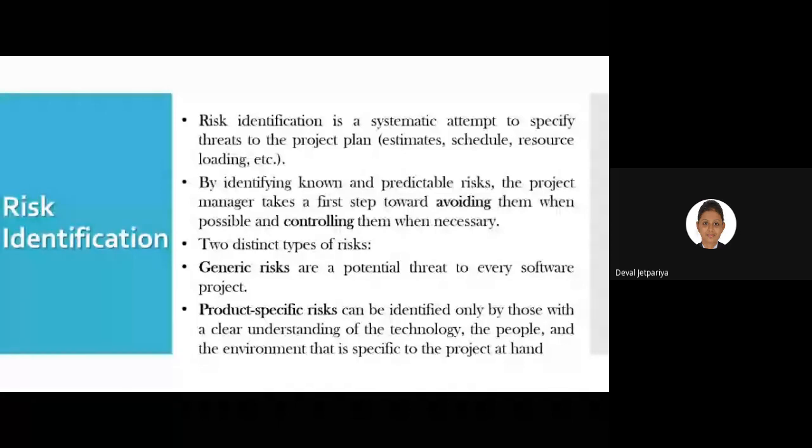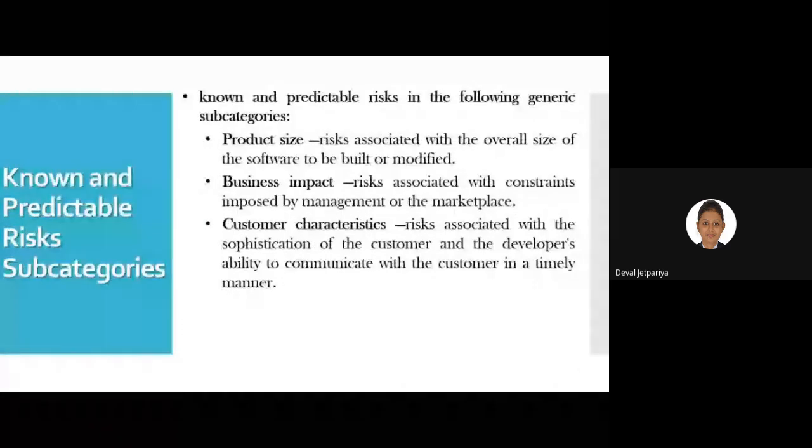So there are two types of risk you can identify in the identification factor. The second is known and predictable risk subcategories. In this, the risk can depend on these three categories: one is product size, second is business impact, third is customer characteristics.